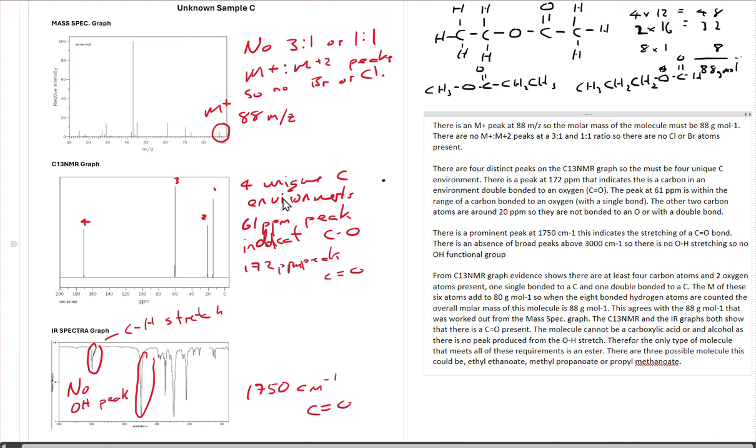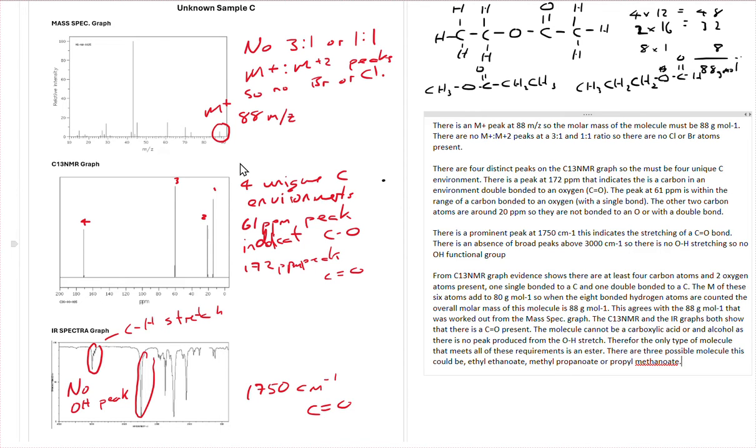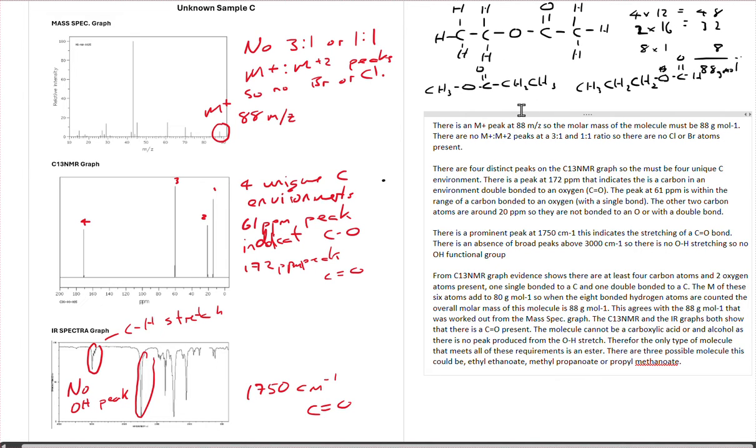Now I guess we could look at the fragments, but I'm going to guess that the fragments are going to give us similar pieces for the similar molecules. So they're all esters, so they're all going to have an ester fragment that we would expect, and they've all got chains.